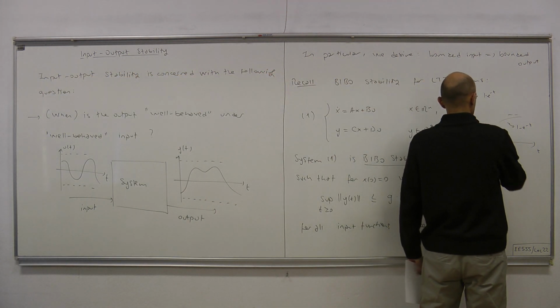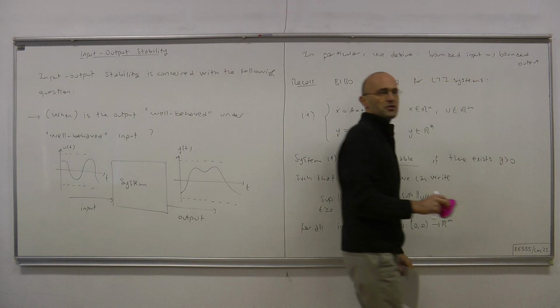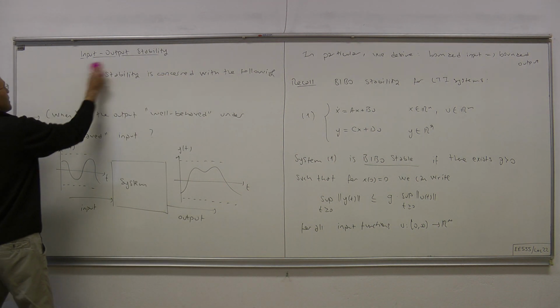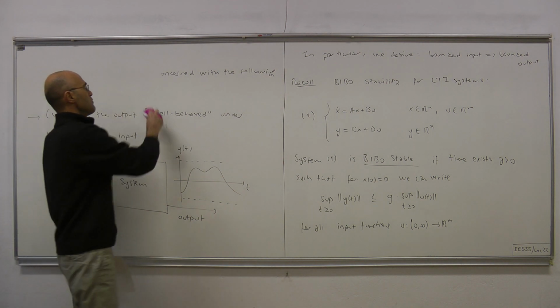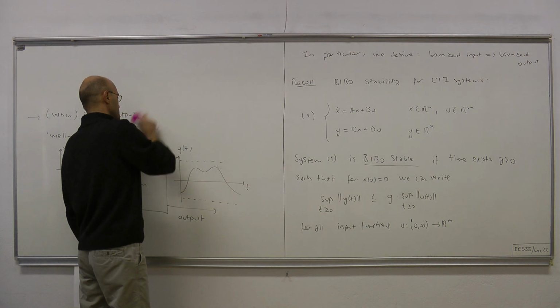And let's also remember under what conditions BIBO stability is guaranteed, okay, for linear systems. And then we will move on to the general case for nonlinear systems, after making a review of linear systems.